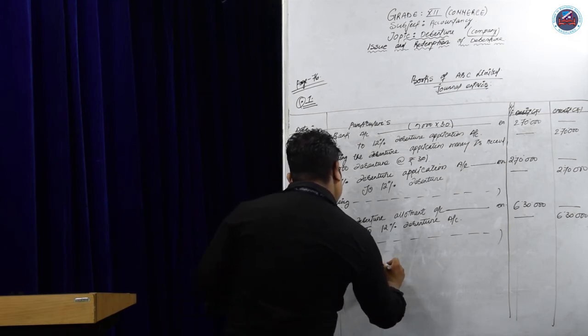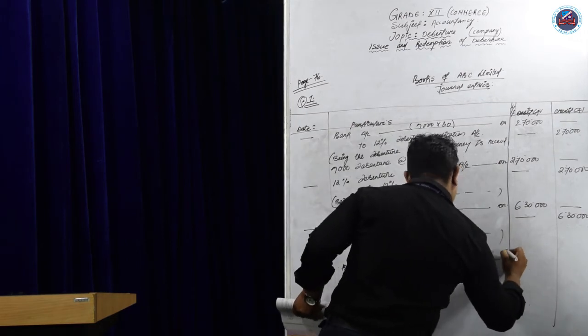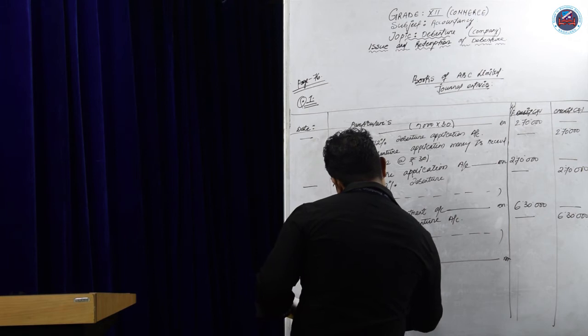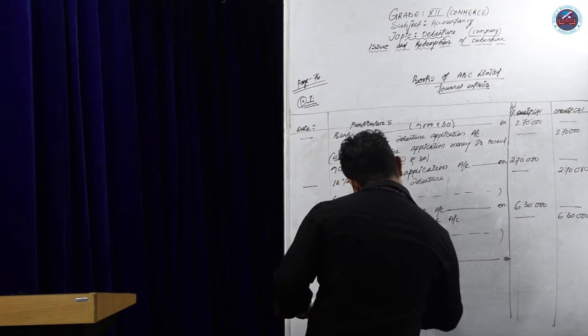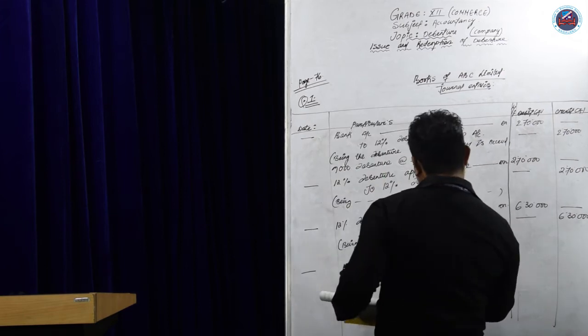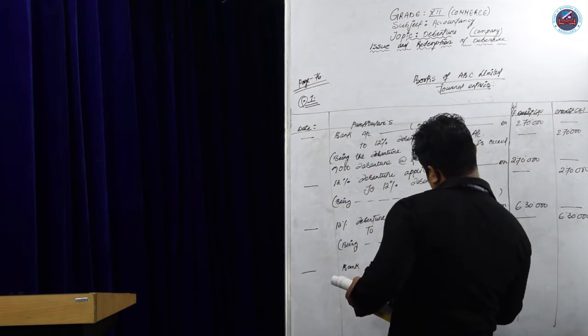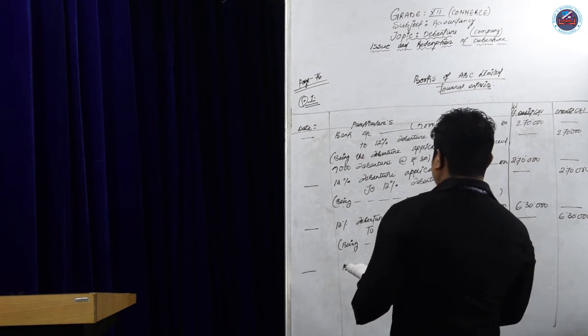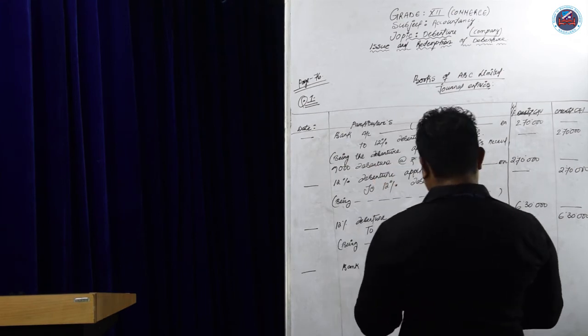Bank account debit to 12% debenture allotment account.